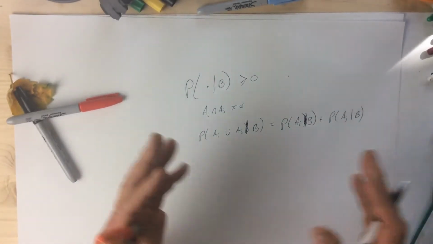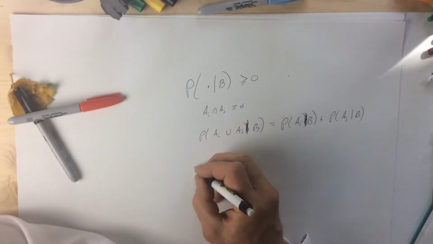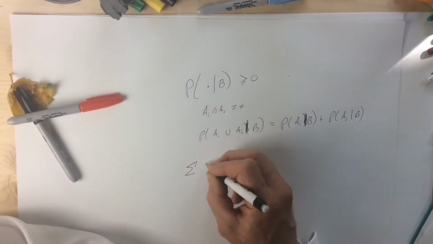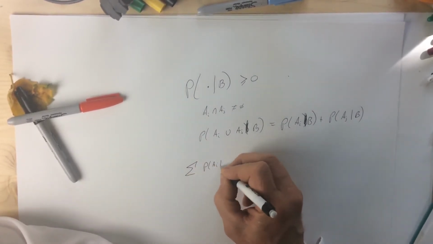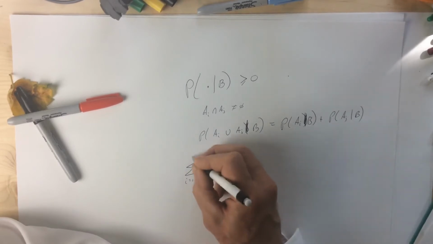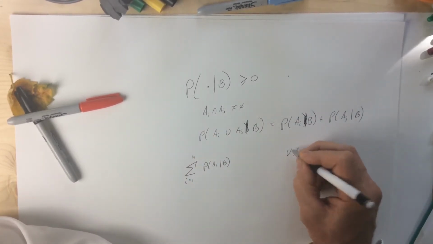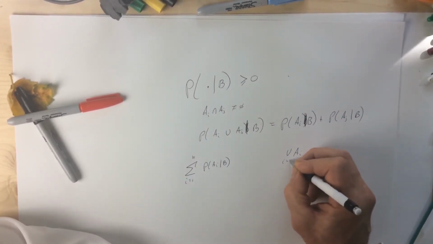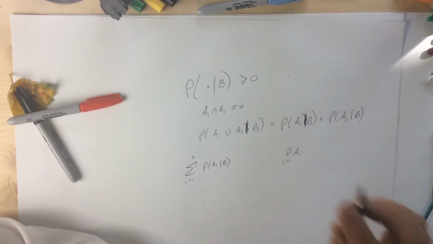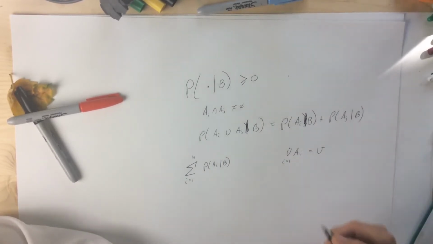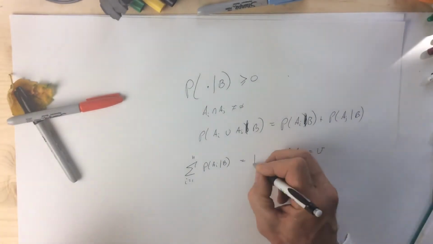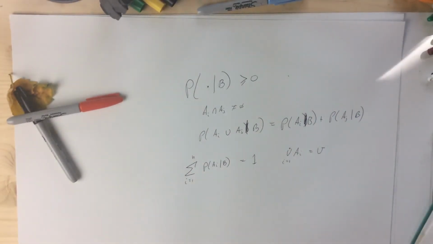So mutually exclusive events add up. And more importantly, if you add up all of these, where the union of all of these, a disjoint union, is the universe, you're going to get a 1.